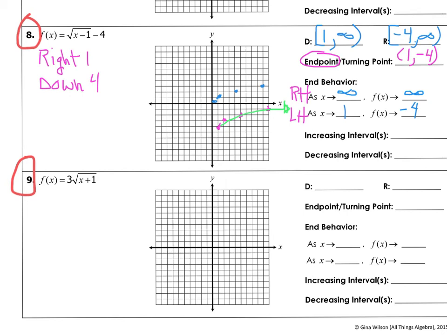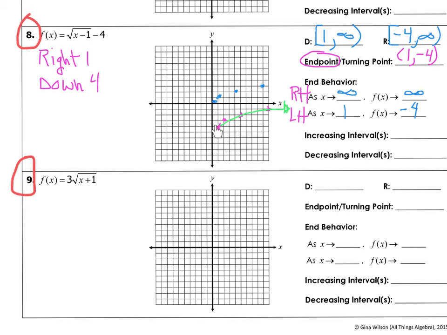Now, increasing intervals. For increasing and decreasing intervals, we're going to take the x-axis and split it into what part of the graph is increasing and what part of the graph is decreasing as we go from left to right. Well, the first interval that we come to, we have nothing over here. So the lowest x value that we come to is right here at 1.